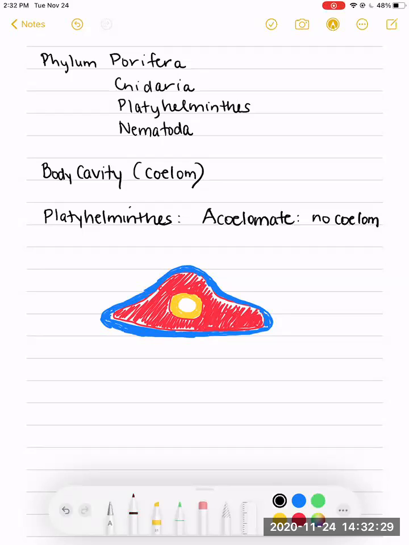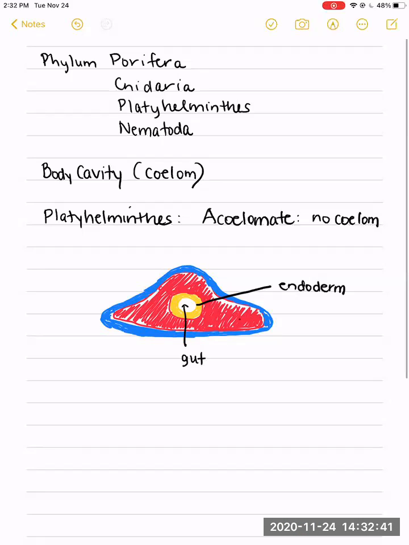So the yellow is endoderm, and this is the inside of the gut. The red is mesoderm, and the blue is ectoderm.